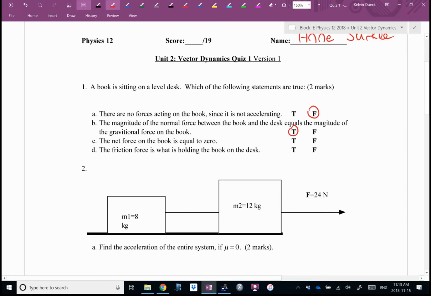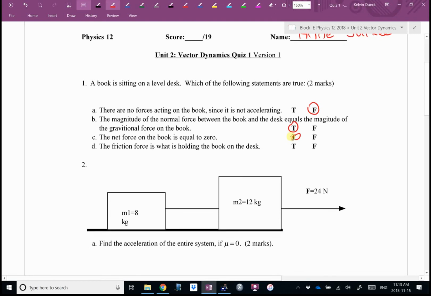The net force on the book is equal to 0. Is it accelerating? Then that's true. That's Newton's first. Friction is what's holding the book on the desk. Yeah, in fact, if that desk was made of ice, as long as it's dead level, it can still rest on there. 2 marks, half mark for each of those.